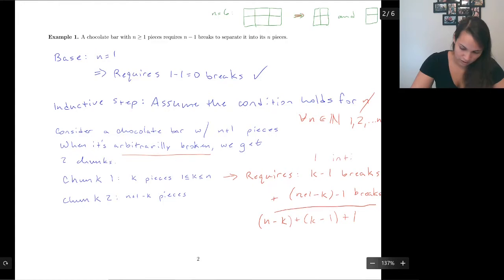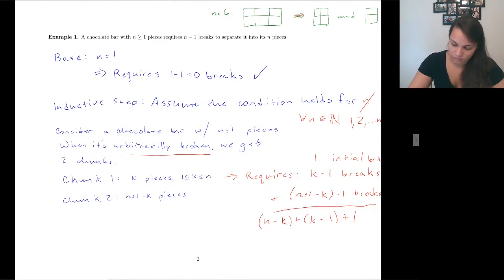So that's the initial break to get chunk 1 and chunk 2. So in total, we have this plus this many breaks. We know that the chunks will break correctly because that was our assumption. When we add this up, we get that this equals n.